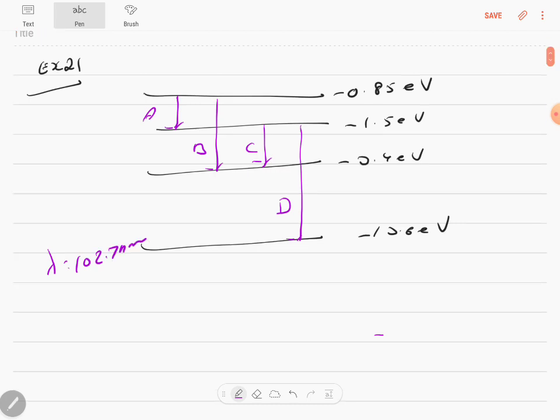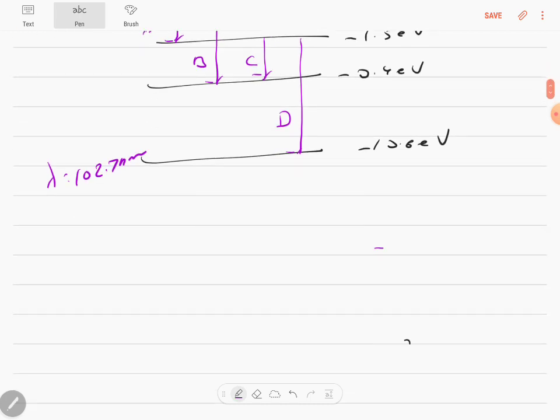When they give you a wavelength, immediately calculate the energy. You know E is equal to h nu, so E is equal to h c by lambda. Since lambda has been given, you can find the energy. Planck's constant is 6.6 into 10 to the power minus 34; remember, it will be given in your question paper.